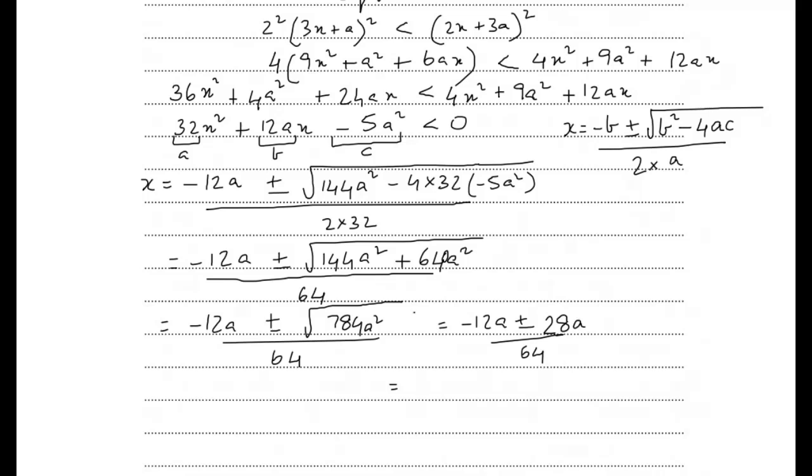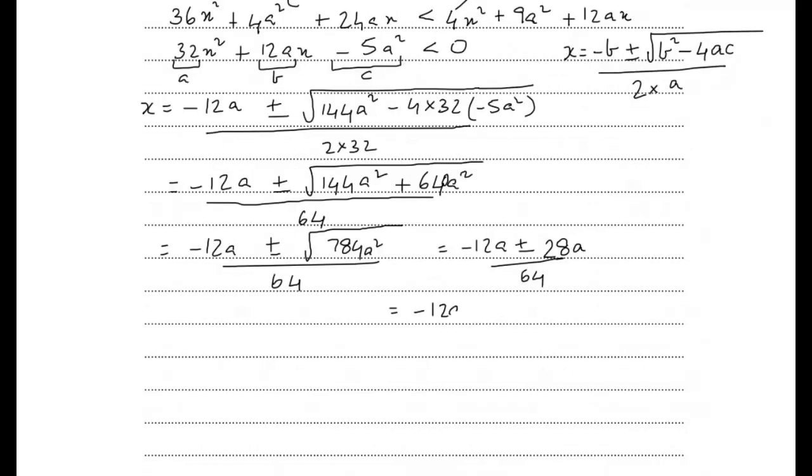minus 12a plus 28a by 64, or minus 12a minus 28a by 64.